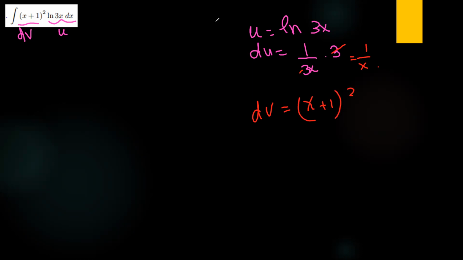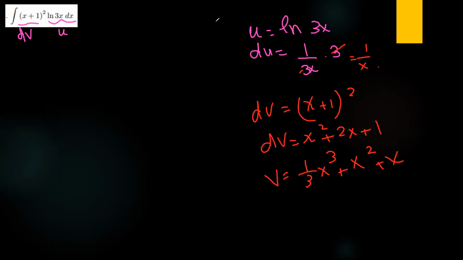So now here, first we have to simplify it as x squared plus 2x plus 1. So this is dv. So we need to find v, which is the integration of x squared: 1/3 x cubic plus x squared plus x. So this is v.